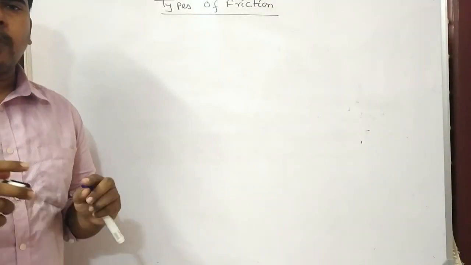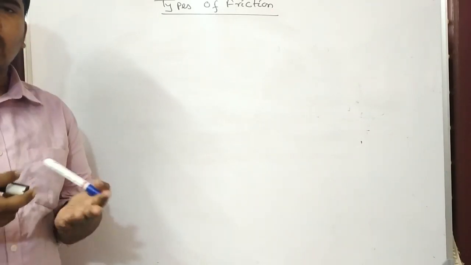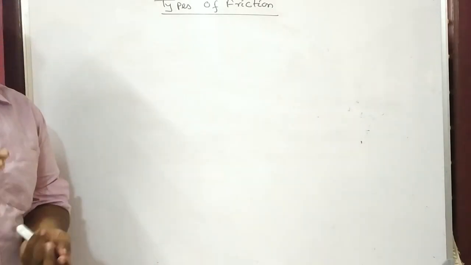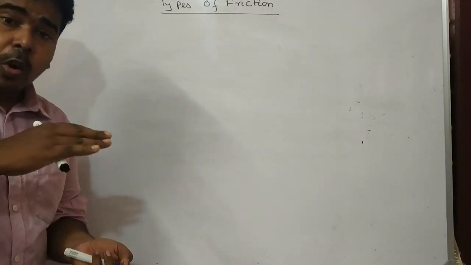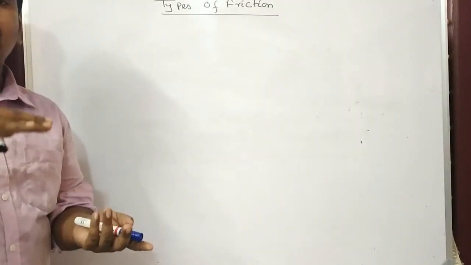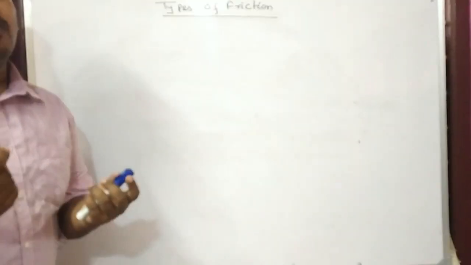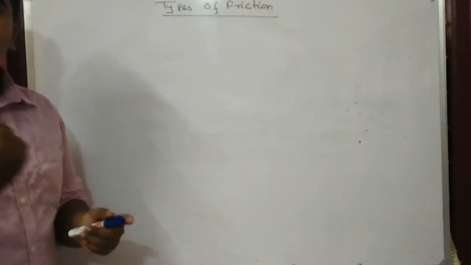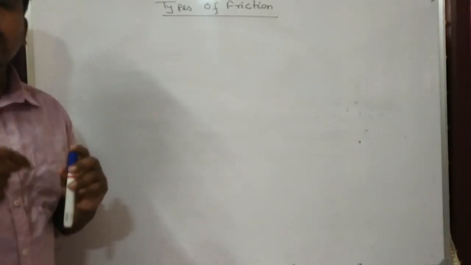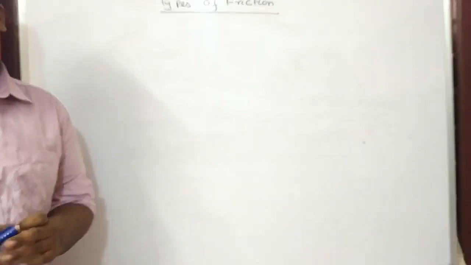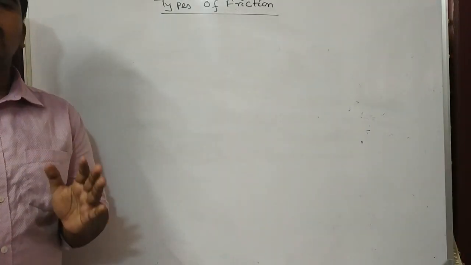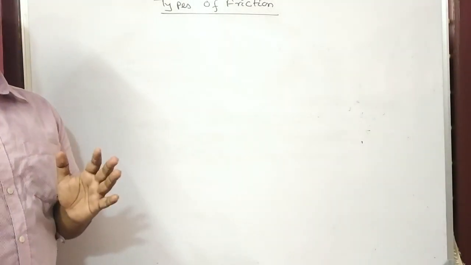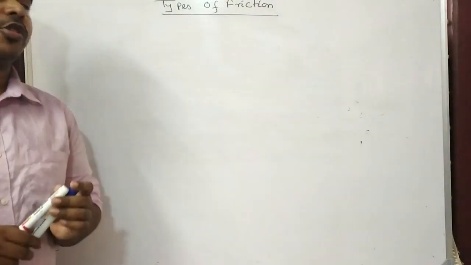Whenever a body moves or tends to move over a surface, a force acts opposite to the direction of motion and tries to oppose the motion. That force is known as frictional force or friction.